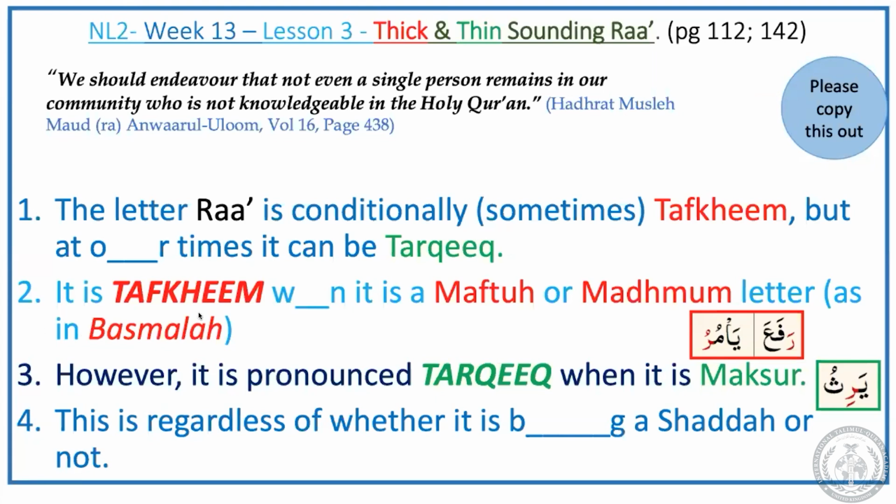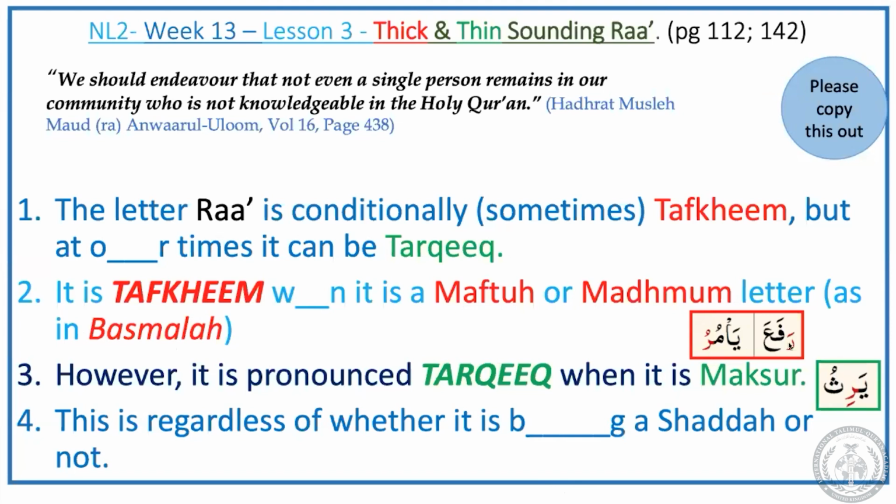It is tafkhim when it is maftuh or madmum, as in Bismillah. So tafkhim when it is maftuh or madmum, and madmum means if it's carrying a dhamma, and maftuh if it's carrying a fatha. Here you can see the example. This one, Ra, and Ru.